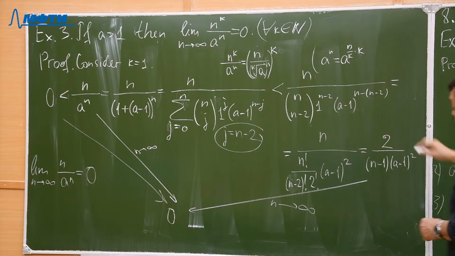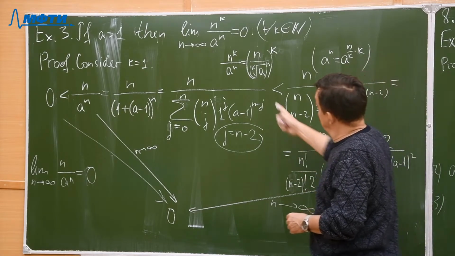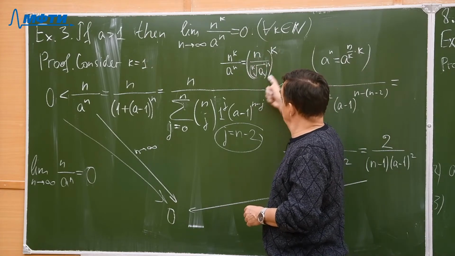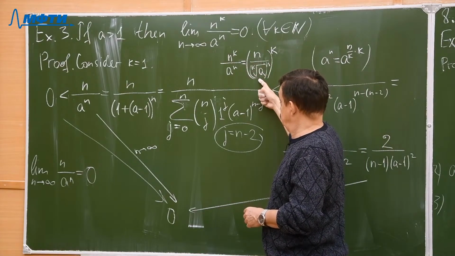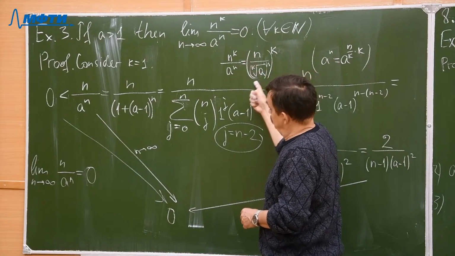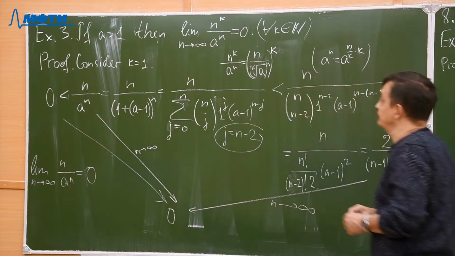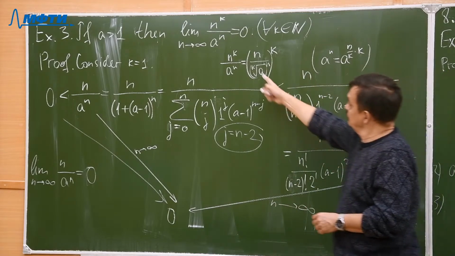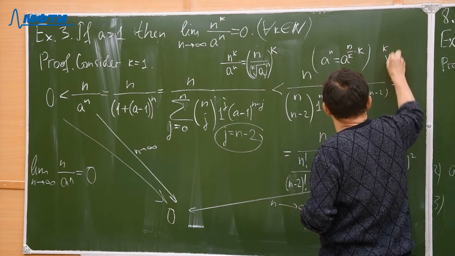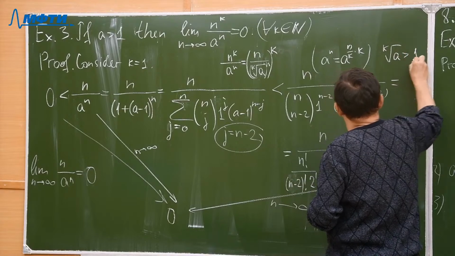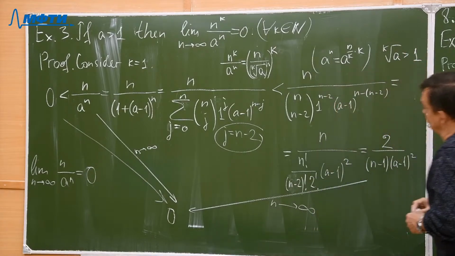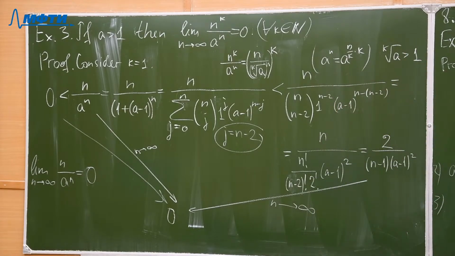So, then you see the number in brackets tends to 0 since we have proved it. Kth root of a is greater than 1. And then we have power k.